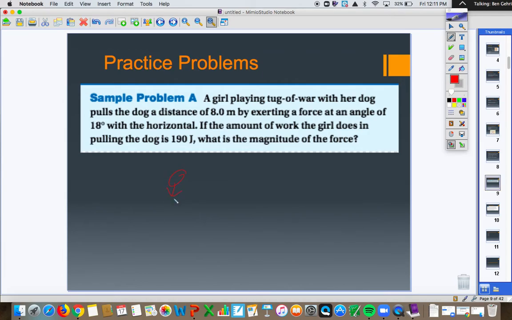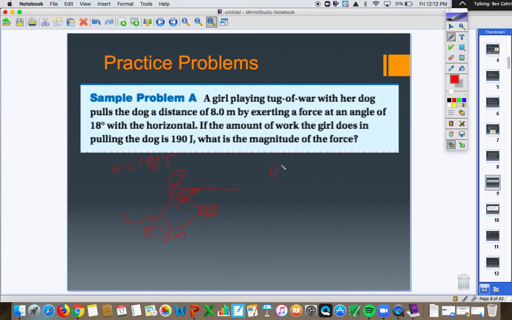We have a girl pulling on a dog with a force, and this is 18 degrees with the horizontal, which would be the same down here. The dog goes 8 meters, and the work done is 190 joules. I want to know what this force is.